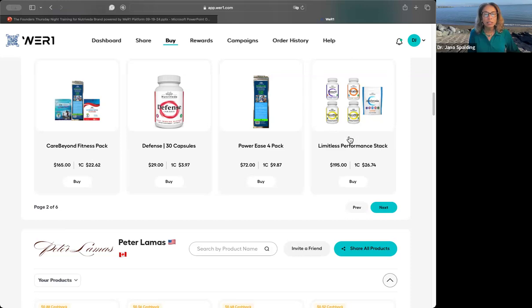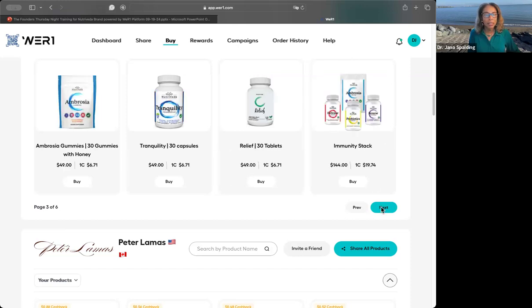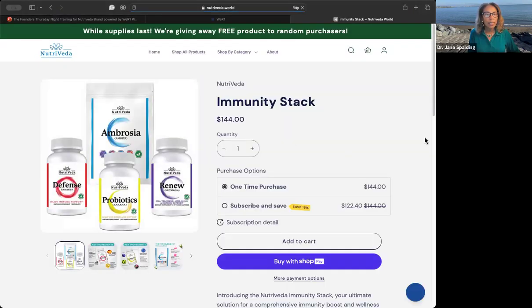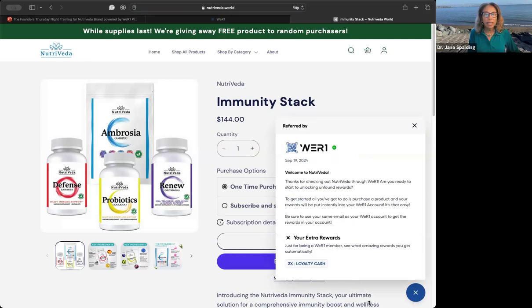Here is a limitless performance stack that we're already acquainted with. And then we have this new immunity stack. So I'm just going to click right here. Okay. Nutraveda immunity stack. And this is just a little pop-up with more rewards. Look at that. 2 times loyalty cash.